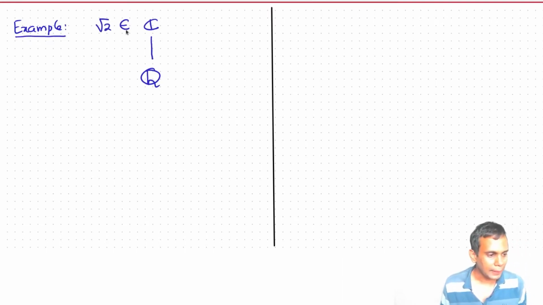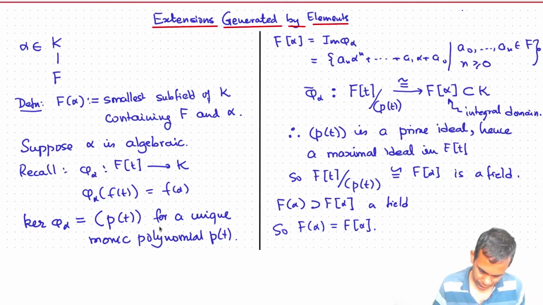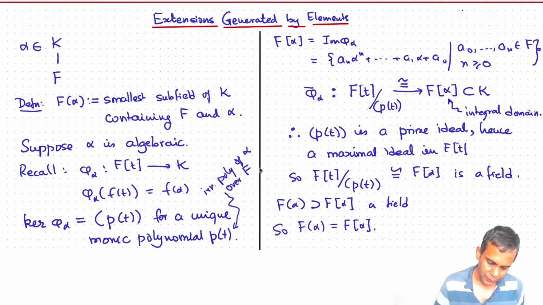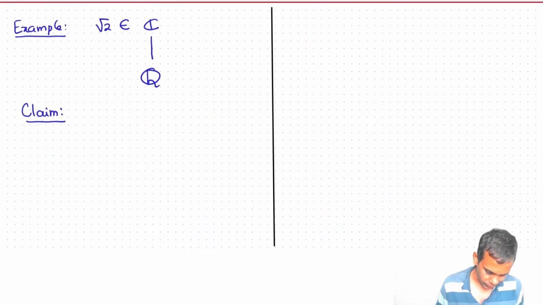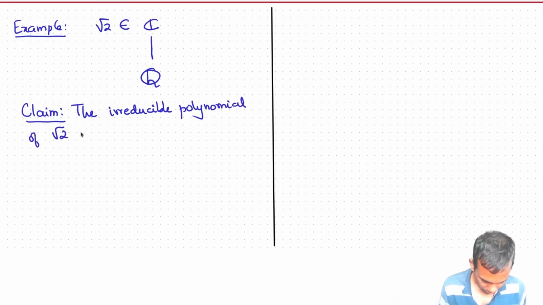Okay, so firstly I claim that this polynomial p(t) is called the irreducible polynomial of alpha over F. So what is the irreducible polynomial of root 2 over Q?